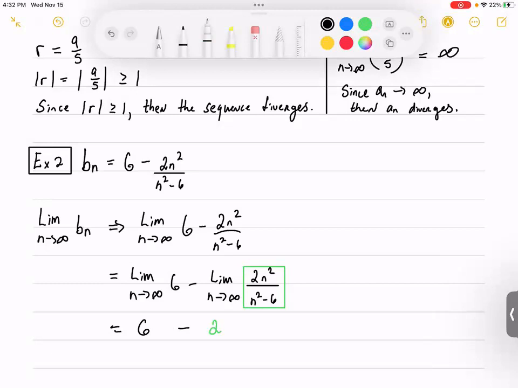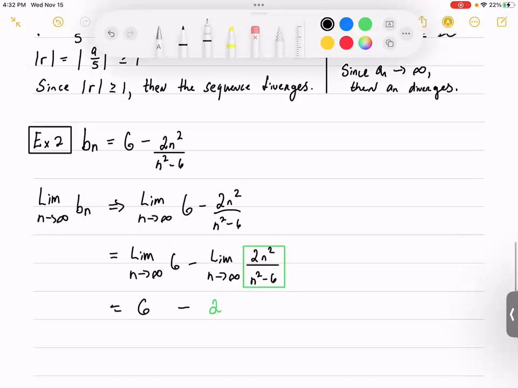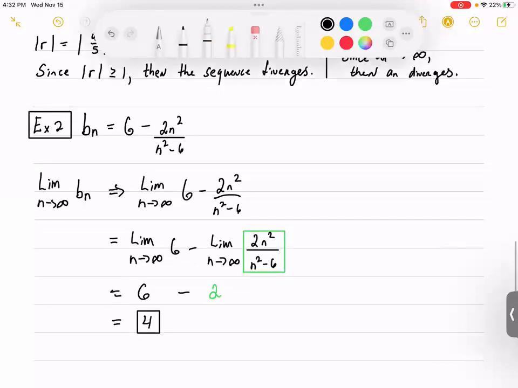So 2 over 1 is just 2. If we do the subtraction, we get 6 minus 2 is 4, right? So we can make a note: that's our answer. The sequence b_n converges to 4.